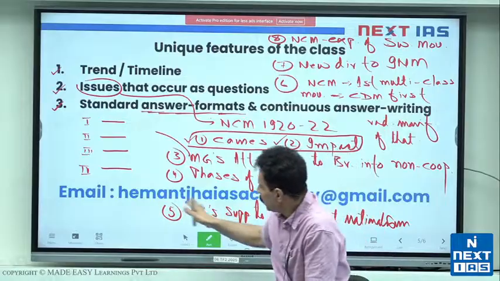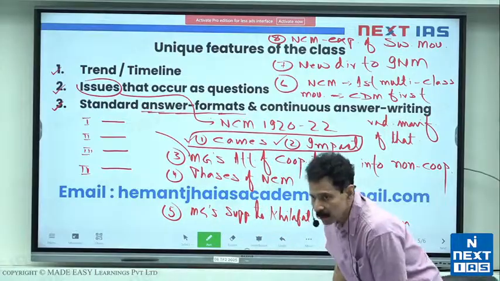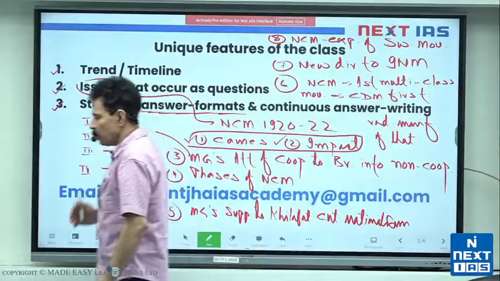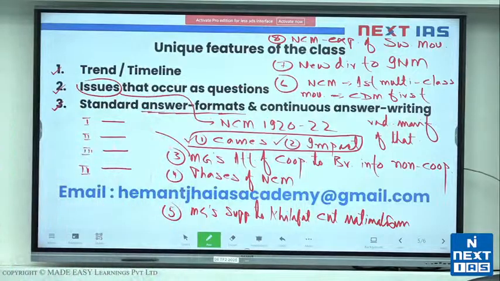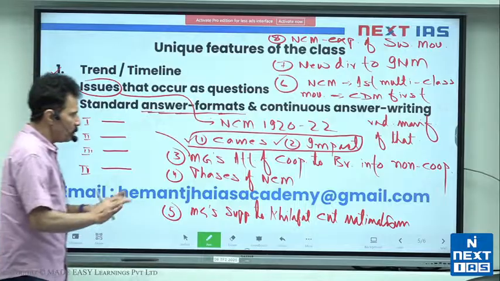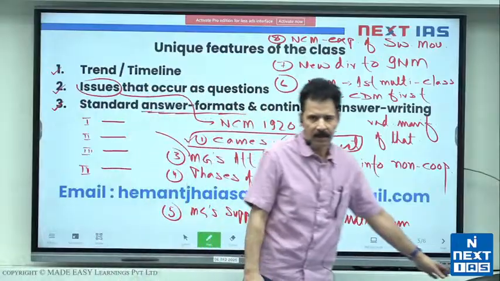And see, this is my email. You can take a snap of this. This is my email, which you can use anytime. So this is all about the total discussion.